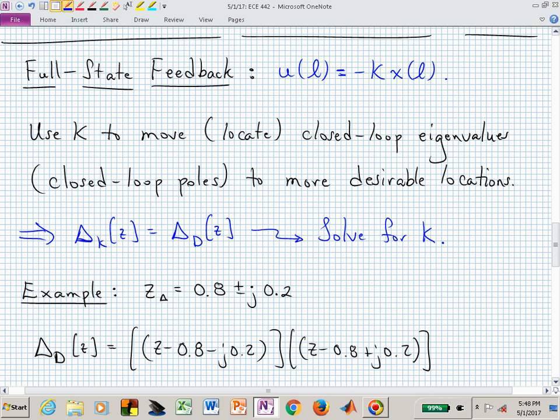We want to build this desired characteristic polynomial, and a pole at 0.8 plus j 0.2 will cause this first factor to vanish. That will then set delta sub d of z equal to 0. And a z value of 0.8 minus j 0.2 will cause the second one to vanish. So these are now roots of this desired characteristic polynomial.